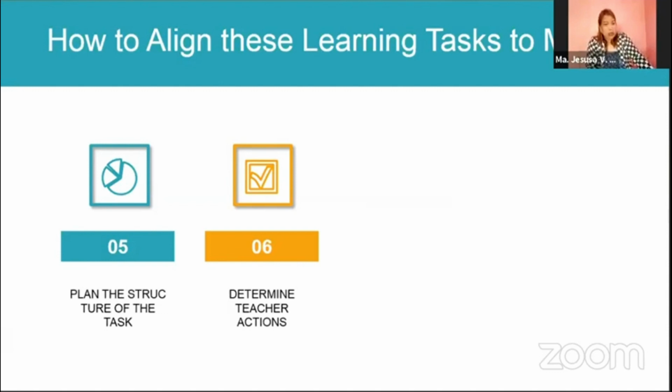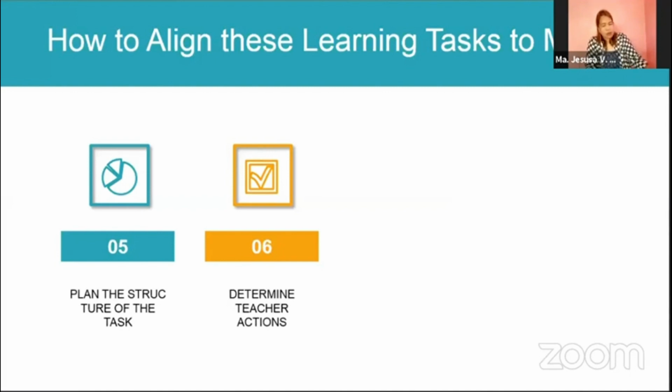An example of the learning task is a reflective essay. My competency here is taken from quarter two. It states: relate text content to particular social issues, concerns, or dispositions in real life.